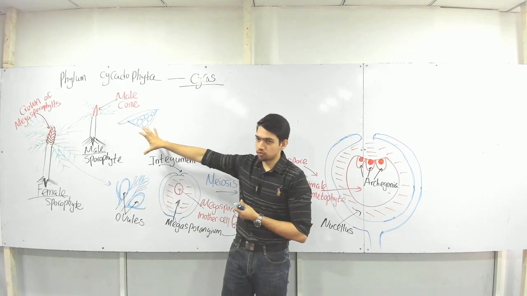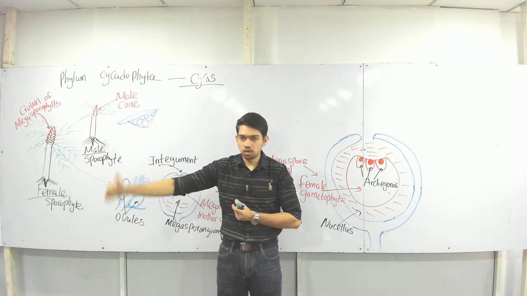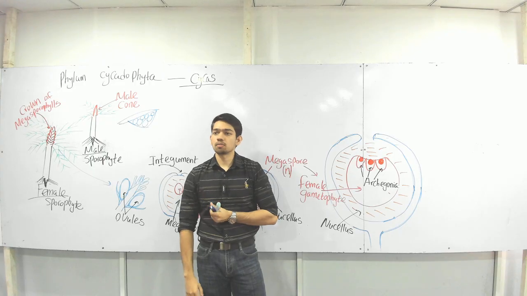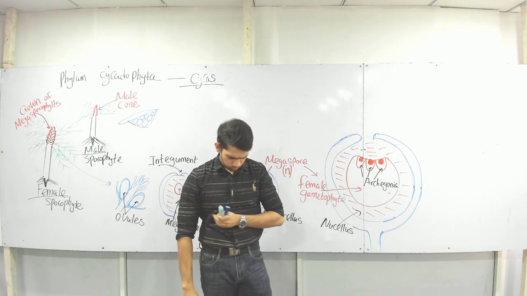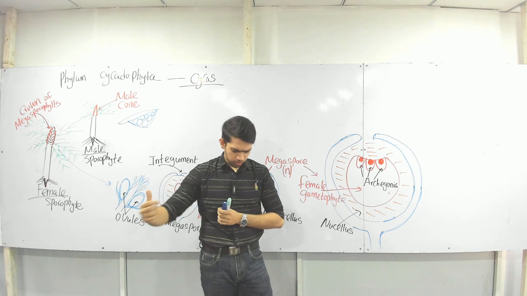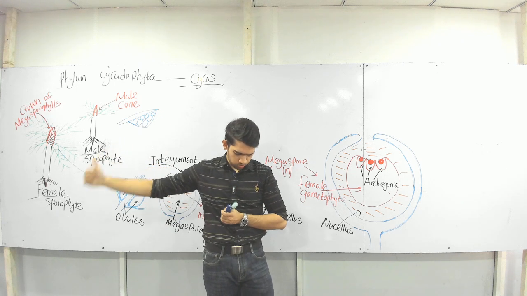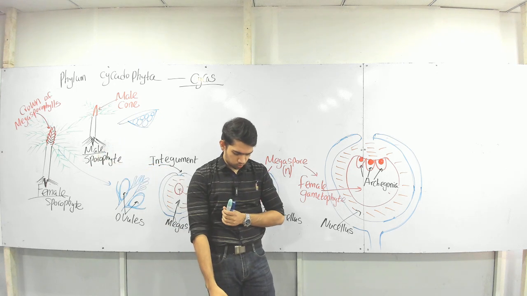This is a microsporophyll containing microsporangia. Microsporangia are going to produce microspores. Microsporophylls consist of microsporangia on the lower surface. Large numbers of microspores are produced from microspore mother cells.